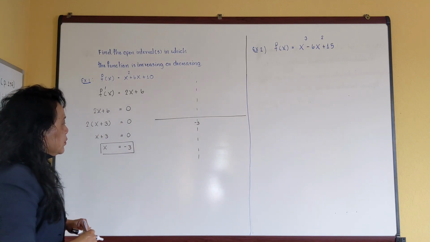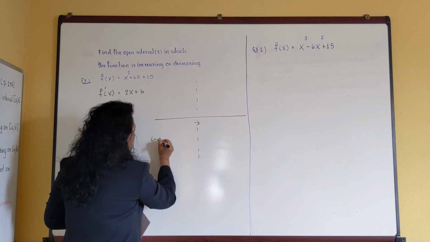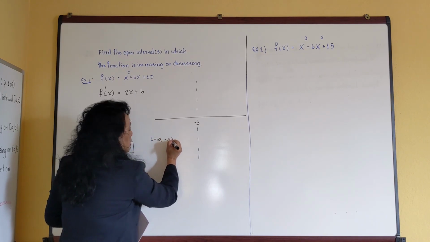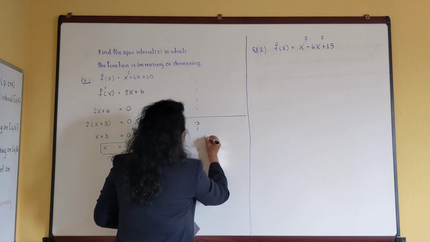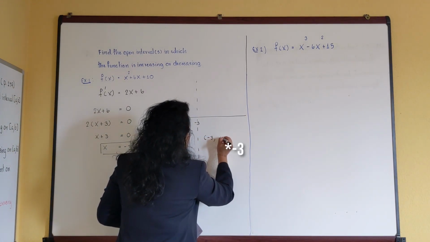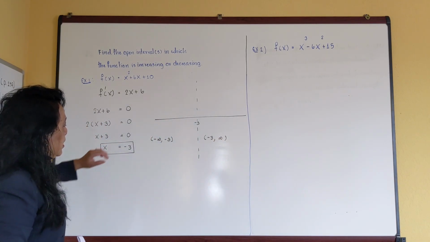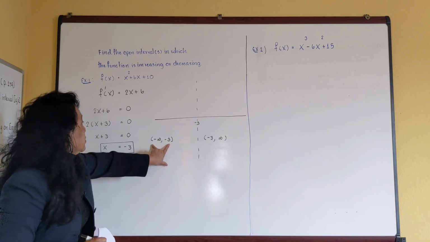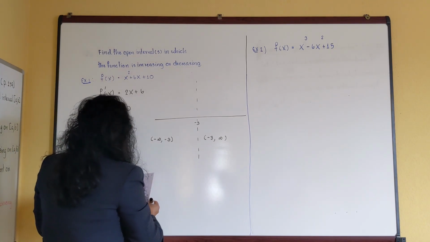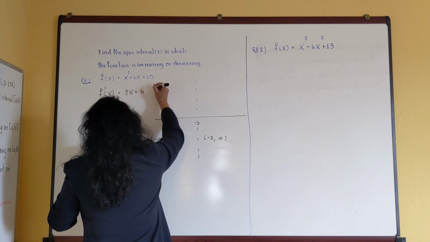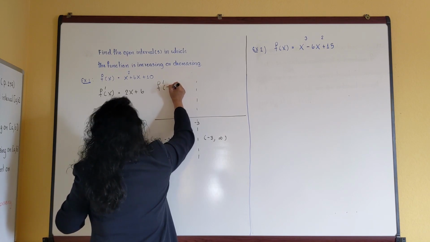You have two regions. On the left side, you have the interval from negative infinity to negative 3. On the right-hand side, you have negative 3 to positive infinity. So I'm going to pick a test point within each interval and test it in my derivative function. Let's say I pick f prime of negative 4.